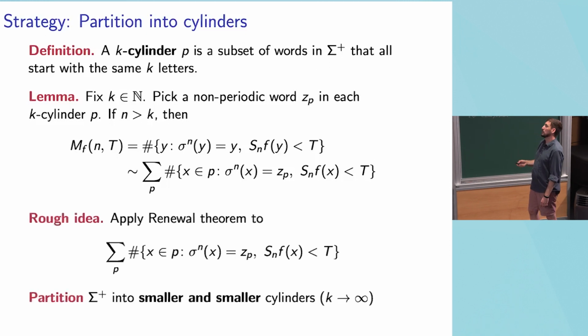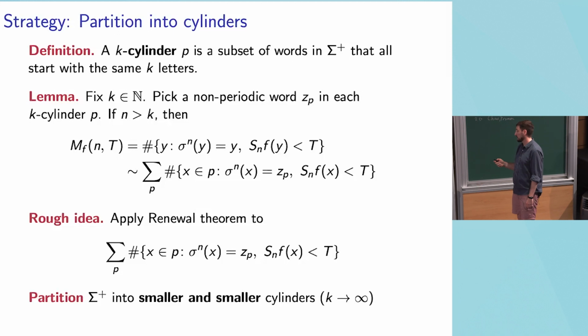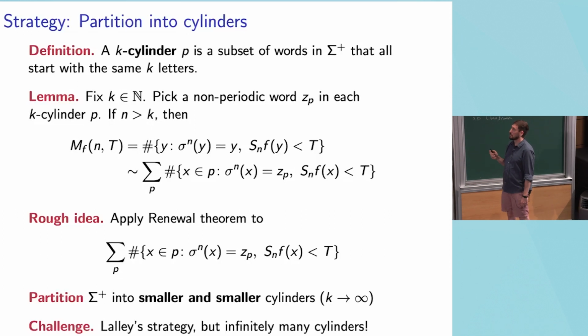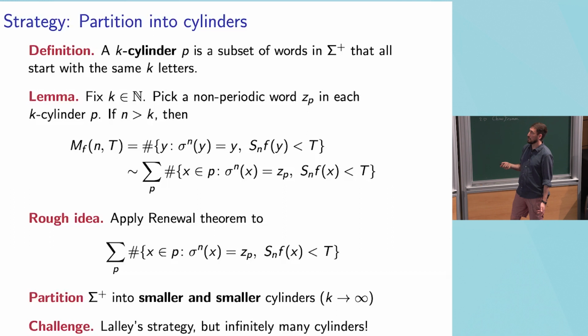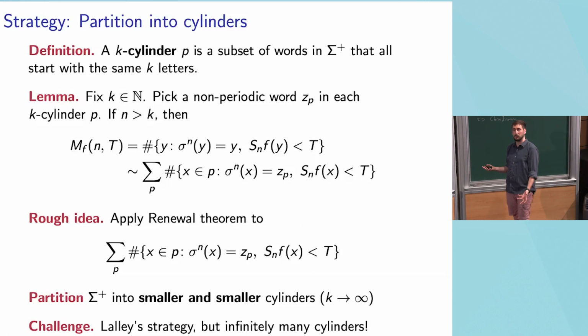And then the rough idea is that we want to apply the renewal theorem onto this subset on the right, and then we want to start partitioning into smaller and smaller cylinders, meaning k goes to infinity. This is a strategy due to Lalley, but we have a big challenge: the partition in the classical case was a finite partition.